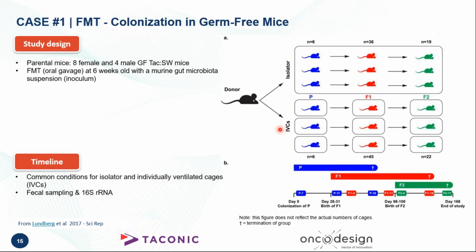On the top right, we designed a study comprising, firstly, C57 black 6 intact mice that were the donor mice for the colonic contents.